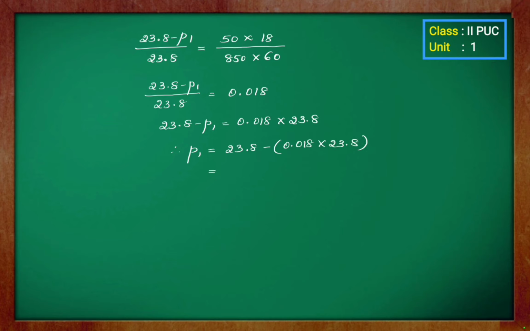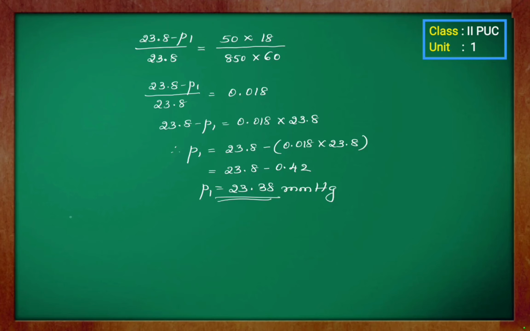This is equal to 23.8 minus 0.42, which is equal to 23.38. The unit is mmHg. So this is the vapor pressure of water at the given temperature.